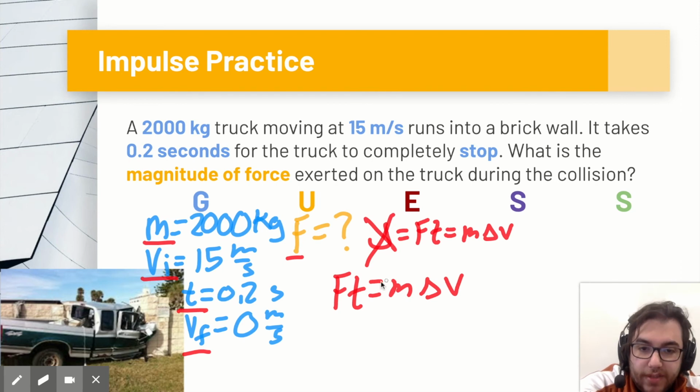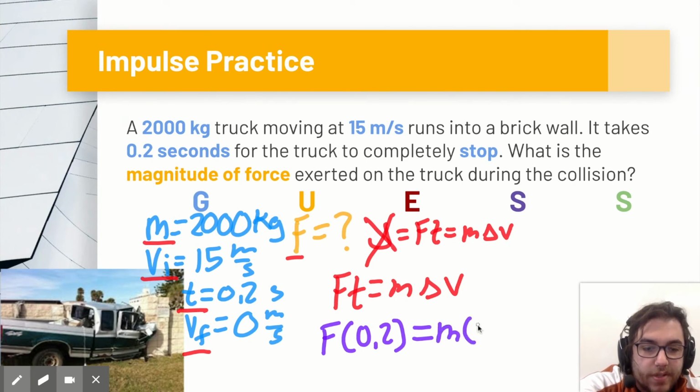So let's write this all out and let's plug the numbers in. So F is our unknown. I know my time is 0.2. We also know mass times VF will be 0.